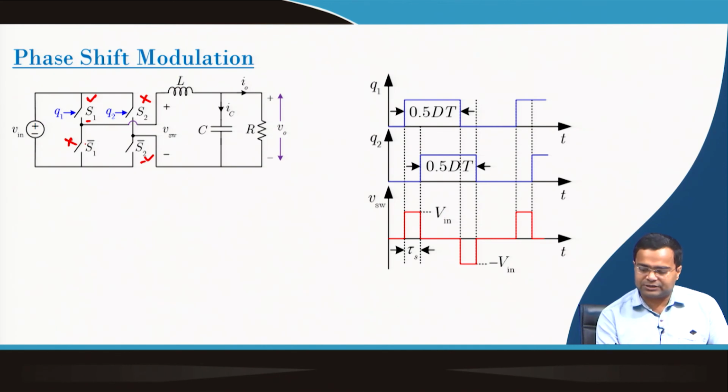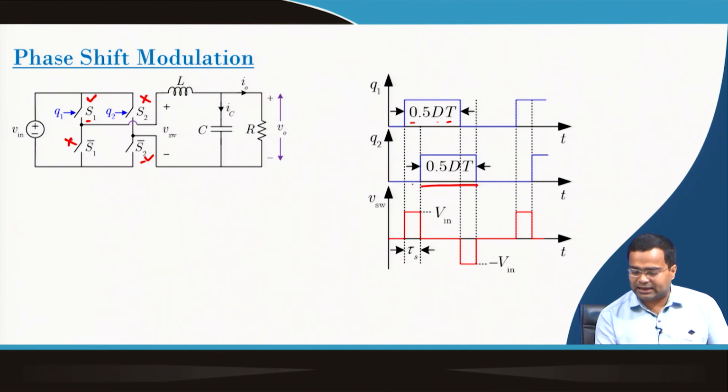If you use a 50% duty ratio clock for S1 and S2 bar, and also for S1 bar and S2, and then create a phase shift between them, let us say the S1 and S2 bar switches are on.